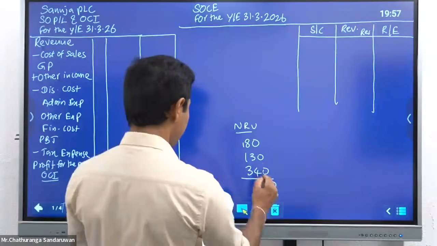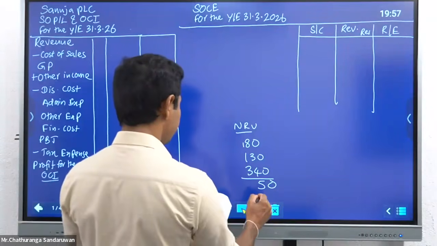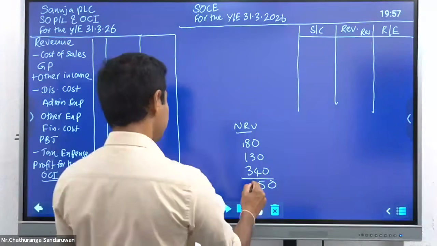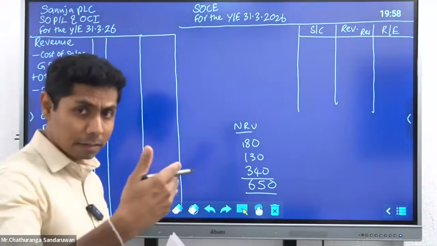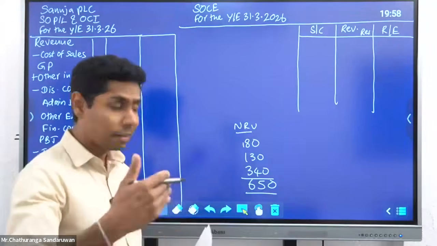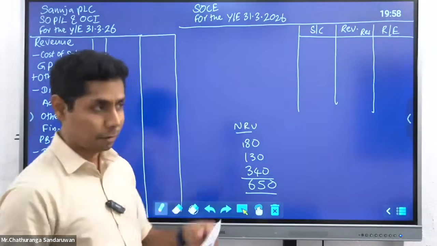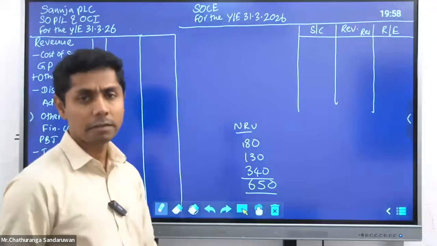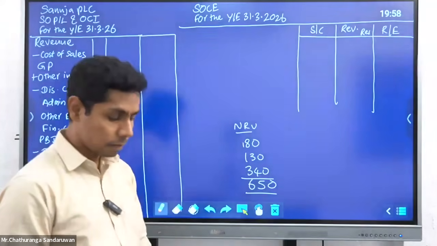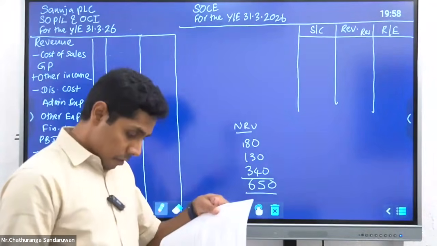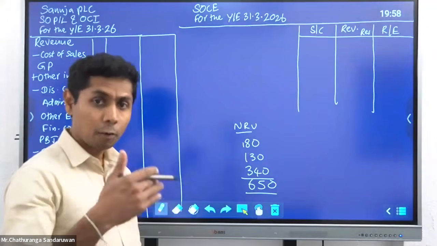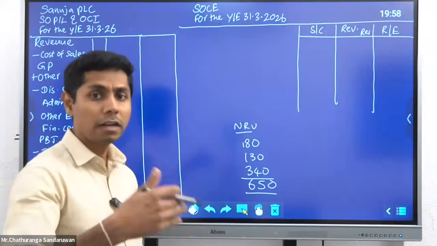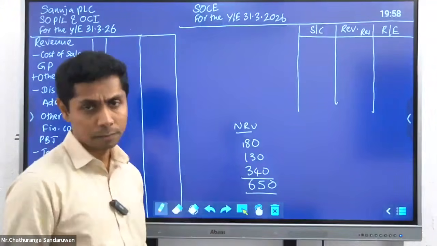So total is 650. Just look at the trial balance and see whether the closing inventory is at 650. This is verifying the treatment, right? If you look at the trial balance, you will see inventory is at 650. So we are sure that they have recorded the inventory at total net realizable value.